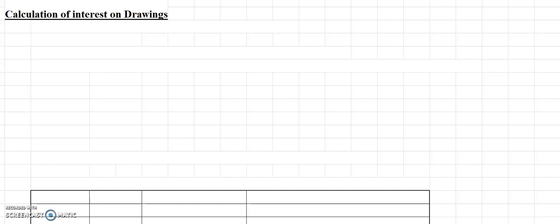Not monthly or not twice in a year, not like that. It is an uneven amount. So in such a case, how can we calculate the interest on drawings? And the other case is when an even amount is withdrawn at a regular period of interval. Even amount means the same amount in the same period of interval.